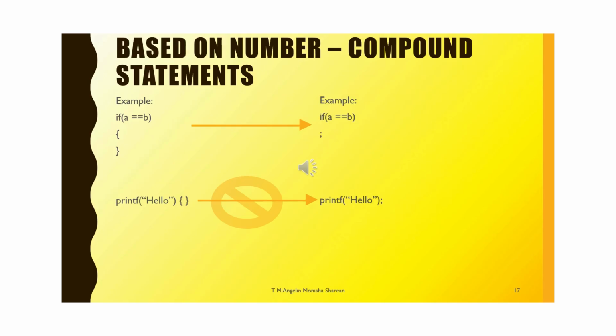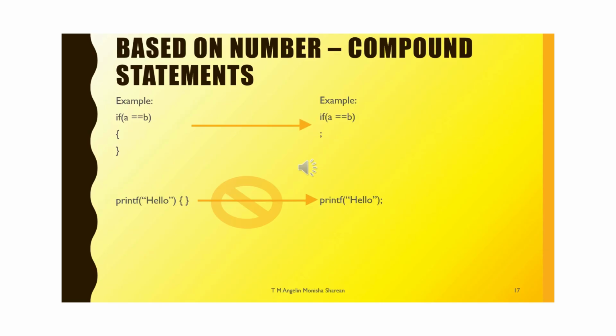In this slide, we can see a few different representations of compound statements. The first example shows an if statement followed by a compound statement which is a null statement. That is, it doesn't have any statement inside the curly brackets. This can also be represented by just putting a semicolon after the if statement.